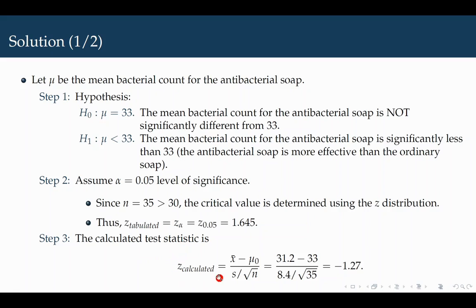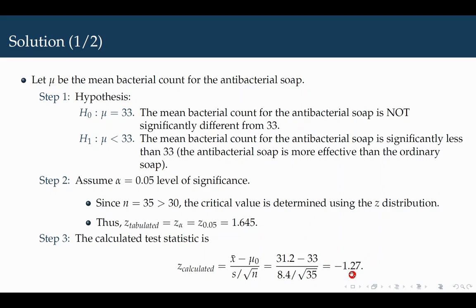This is x bar minus mu naught, which is the value assumed under the null, that is 33, divided by the sample standard deviation divided by root of the sample size. So it becomes 31.2 minus 33 over 8.4 divided by root of 35. This becomes minus 1.27.